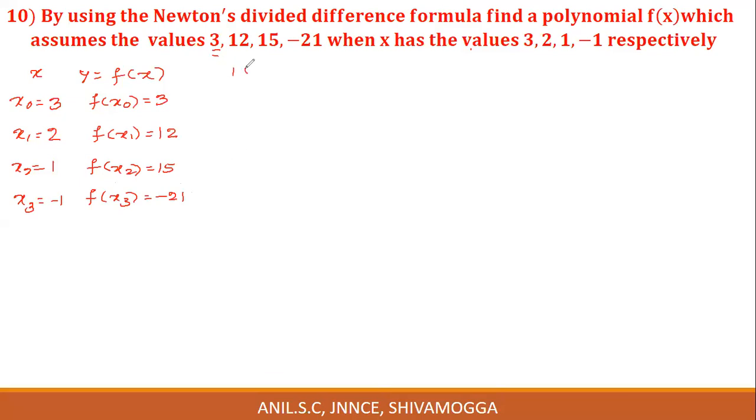Now we find the first order divided differences. Divided difference of these two is denoted by f of x naught x1, f of x1 x2, f of x2 x3.